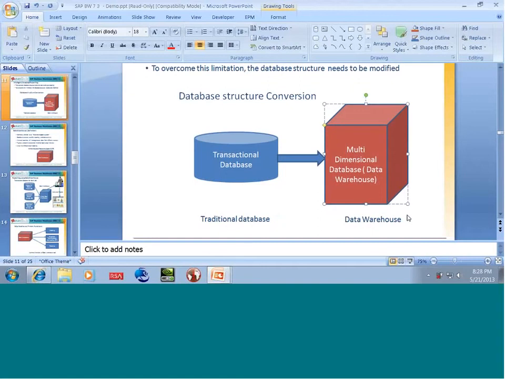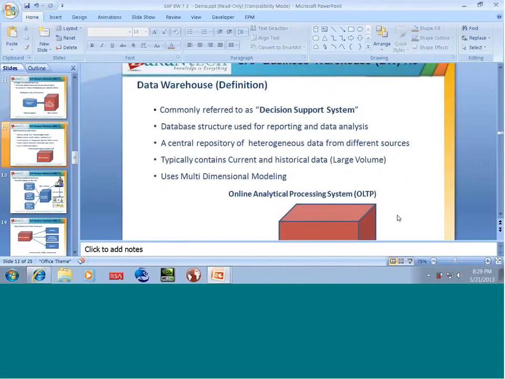As the name suggests, it provides functionality to look at the same data from multiple perspectives. So that is a data warehouse. Let's go into details of what a data warehouse is. As I mentioned, it is a decision support system. The sole purpose of a data warehousing tool is to provide reporting and data analytical functionality.